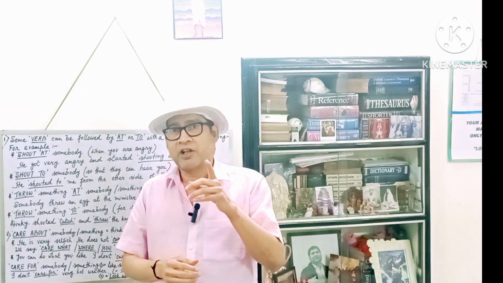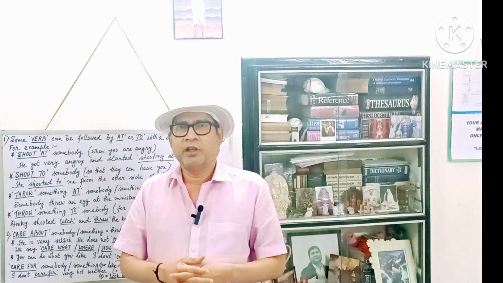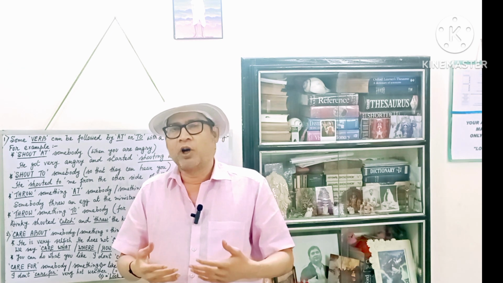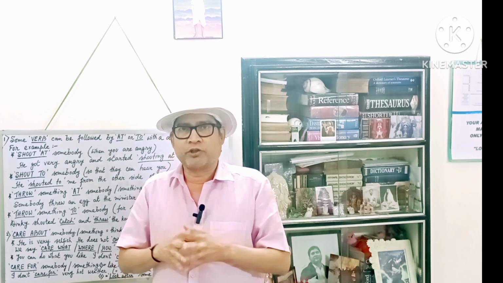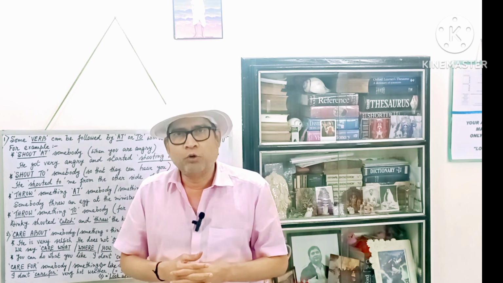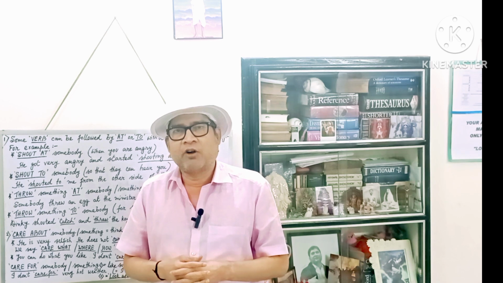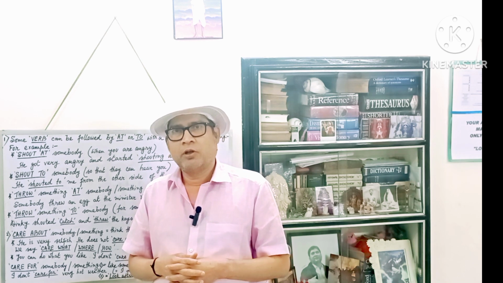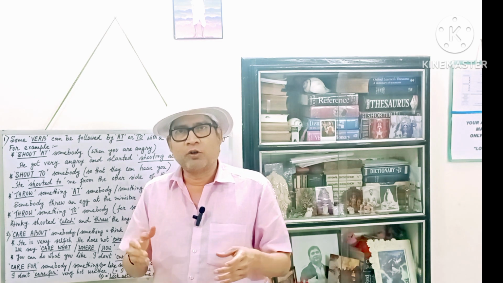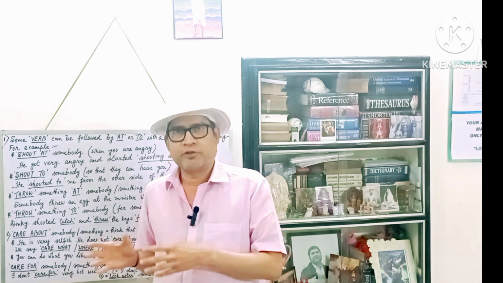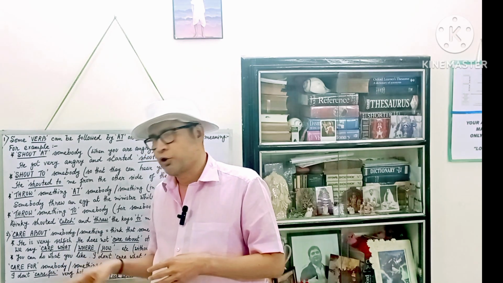Again, on a certain occasion you will see you are required to use the word care without any preposition. When will you have to use care without any prepositions? When care is followed by a WH clause. We will discuss that shortly.